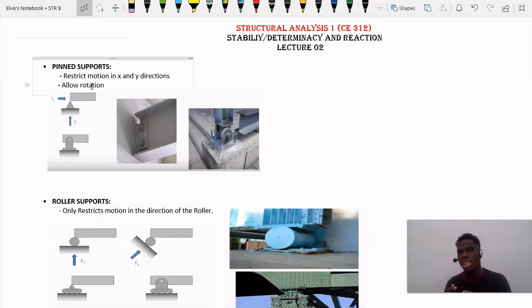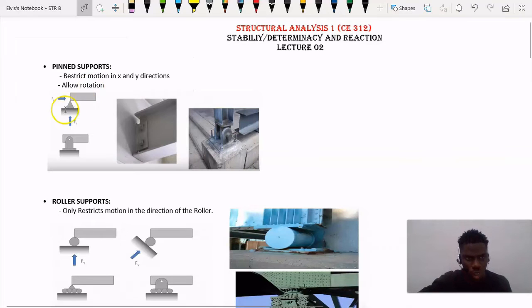So pin supports are going to restrict motion in the x and y direction, so they won't let the structure move in the x and y direction. You can see if you take a look at this picture here. This is the symbol for pin support. As you can see, guys, we have Fx, which is the force in the x direction, and we have Fy, which is the force in the y direction.